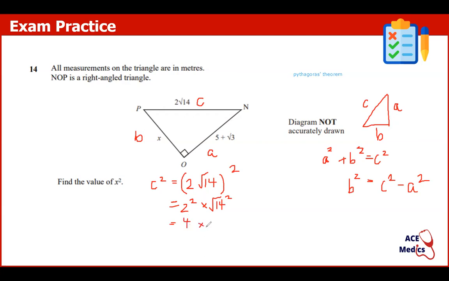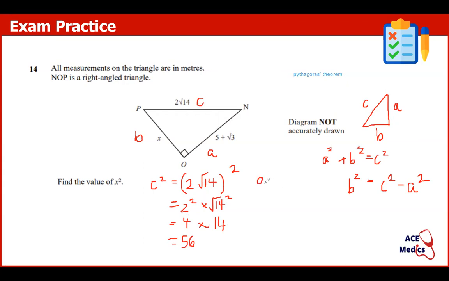And if we're squaring something that's square rooted, they kind of just cancel each other out, because if you think about doing the square root of 4 and then squaring it, the square root of 4 is 2, and if you square it, it's 4. So our answer is going to be 14. And 4 times 14 is 56. So we know C squared is 56.